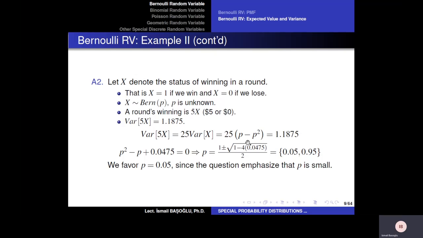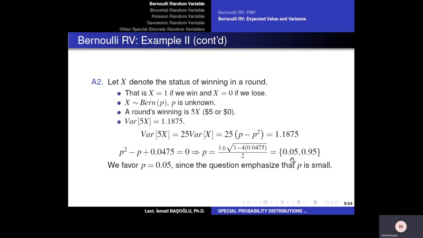Now, here we have a quadratic function or a second order polynomial, and it can be transformed into this form. And the roots of this quadratic equation can be found by using the discriminant and the coefficients of the first order and the second order term.